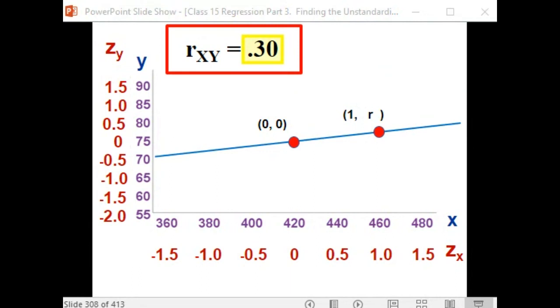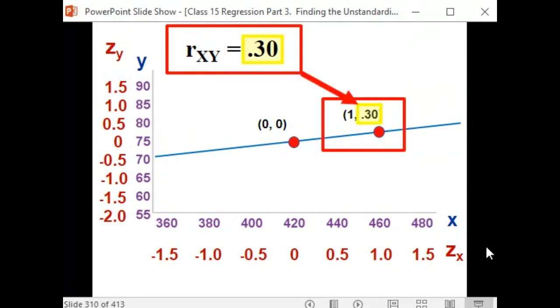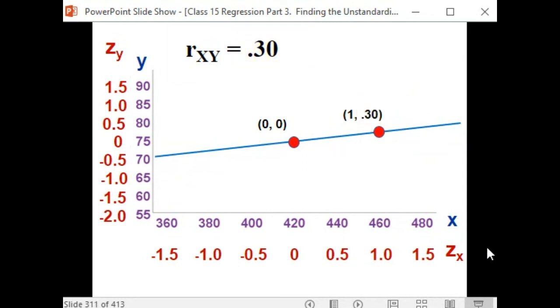For this regression line, r equals 0.30. So the 1r point is the point whose coordinates are 1 and 0.30. When the ant walks up the regression line between the points 0, 0 and 1, 0.30, the ant travels sideways 1 standard deviation of x, and the ant travels up 0.30 standard deviations of y.